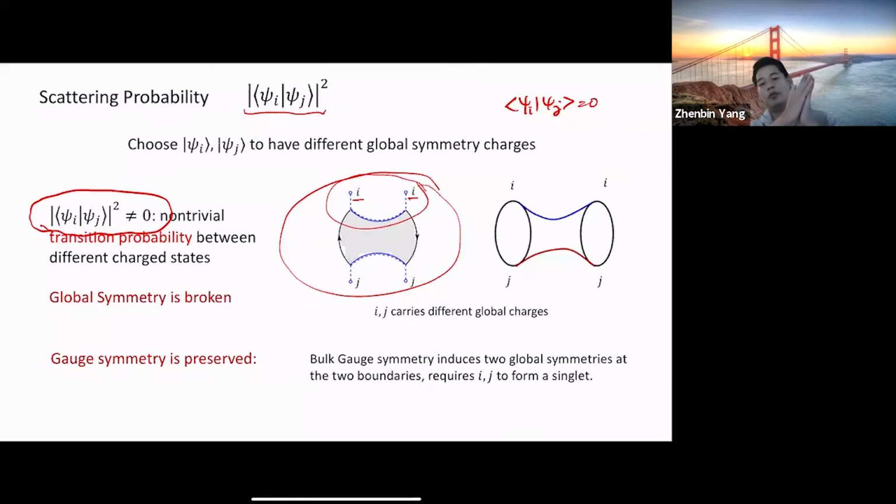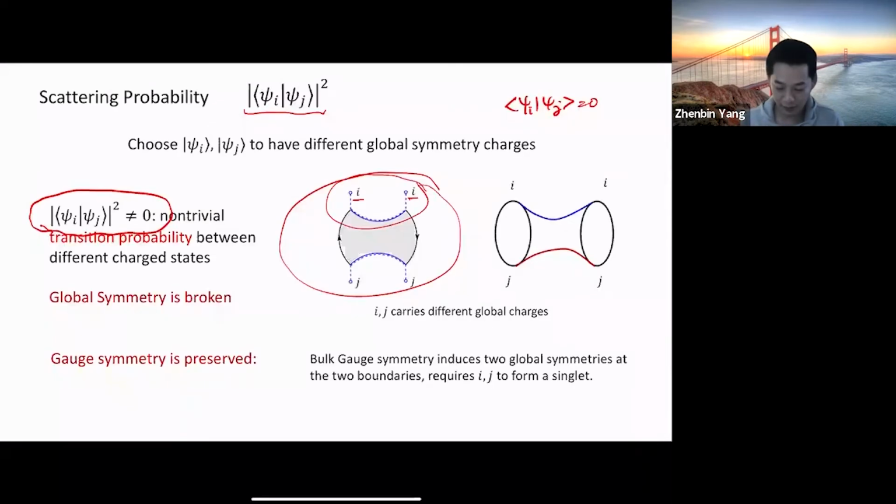For the large gauge transformations, you have two: one vanishes at the left-hand side boundary, one vanishes at the right-hand side boundary. So these two large gauge transformations give you two global symmetries. Each forces each boundary to form a singlet. And that will make this wormhole contribution 0 if you couple the symmetry to a gauge field.